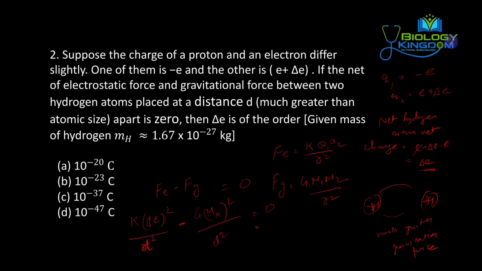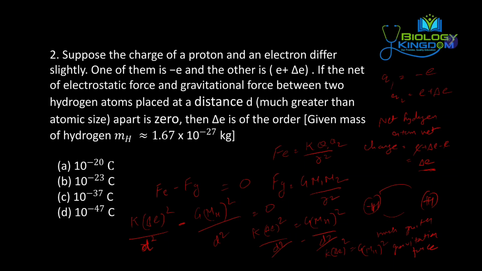We'll take this to the other side, so it becomes k delta E square is equal to G mH square upon d square, d square. So d square will get cancelled and we're left with k delta E square is equal to G mH square. Now we have to find the value of delta E here.